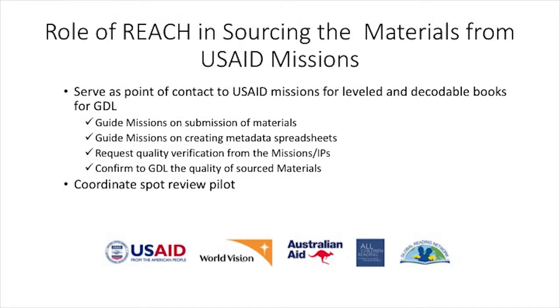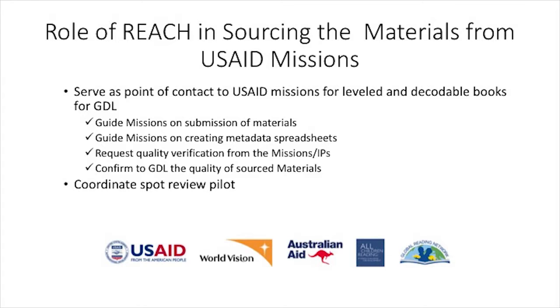Specific responsibilities include that REACH will serve as a point of contact to USAID missions for labeled and decodable books for GDL, so that we guide the missions on the submission of the materials and in creating the metadata spreadsheet, coordinate the upcoming survey to assess missions' readiness to contribute to the availability of the target material, and provide confirmation to the GDL regarding the quality of sourced materials.